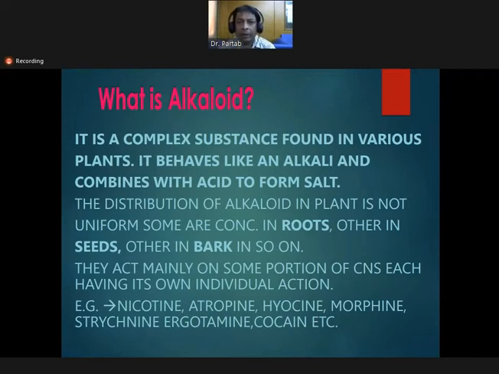These are all called alkaloids. Alkaloid poisons act like alkali, but when combined with acid, they form a salt. The lethal alkaloids of aconite are present mainly in the roots.